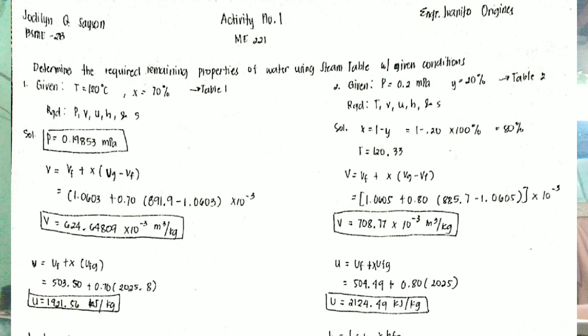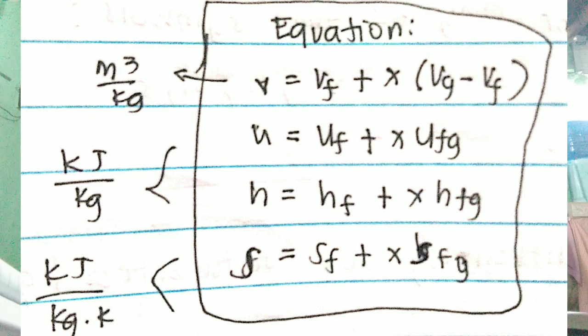The formula for getting the V, or specific volume, is V equals VF plus X of VG minus VF; U is equals to UF plus X of UFG; H is HF plus X of HFG; and S equals SF plus X of SFG. These are the formulas we will use to solve what we need to find.